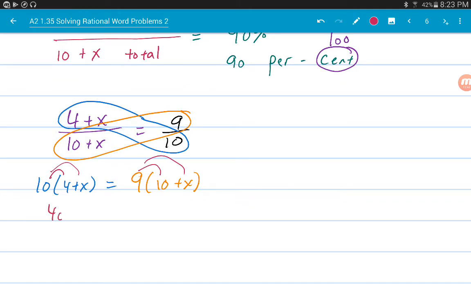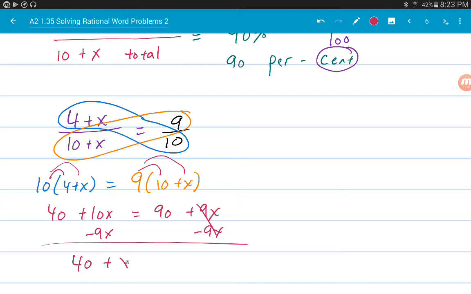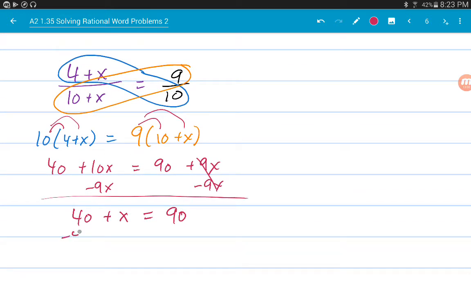We get 40 plus 10x equals 90 plus 9x. I can subtract 9x from both sides. I get 40 plus x equals 90. Subtract 40 on both sides. And I get that x equals 50. So he needs 50 questions correct.